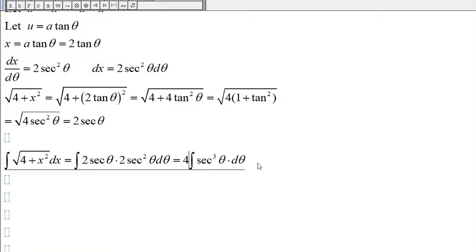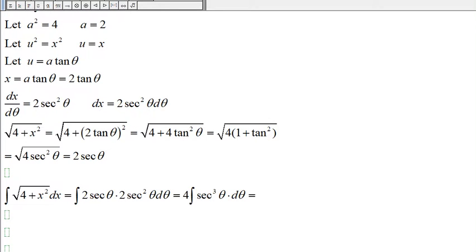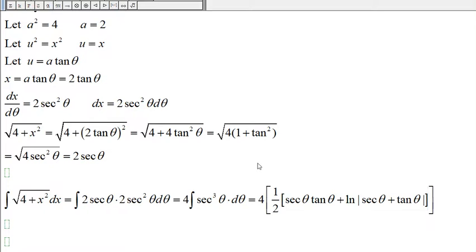So now we go back to our original problem, and this becomes 4 times all of that.